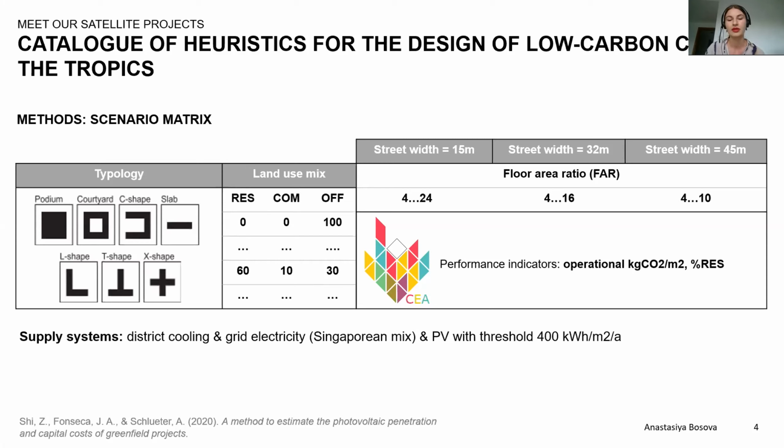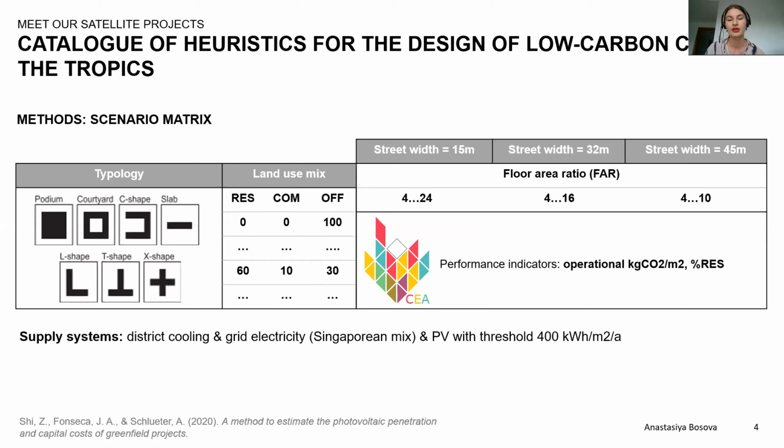Just to visualize, this is how the urban forms vary within a given density, in this case floor area ratio, which in this example is equal to 10. The plot is located in Singapore, and 25 buildings of the same typology, in this case slab, are placed on the plot. Given the constant plot size and site coverage that are typical for Singapore, here is the visualization of how these districts will look.